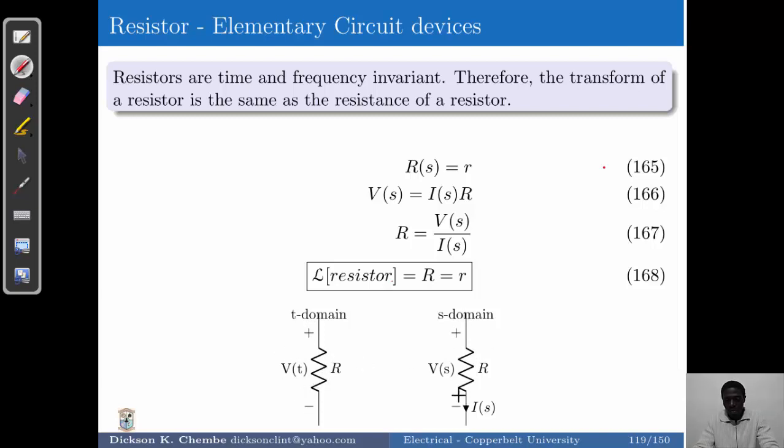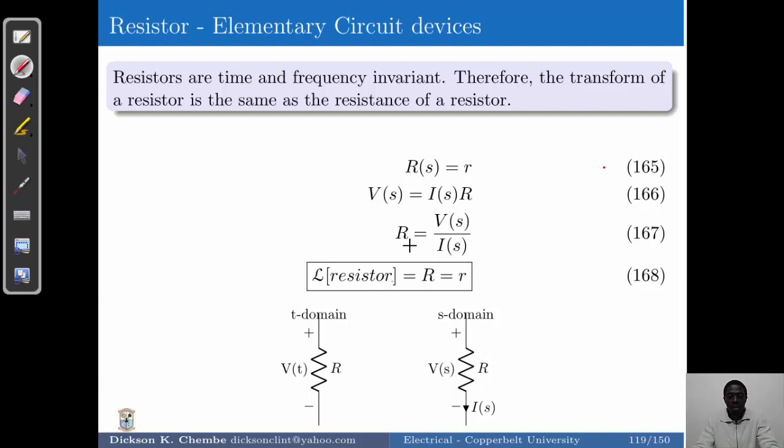When we look at Ohm's law, the voltage across the resistor, Vs, is equal to Is multiplied by the value of the resistance.